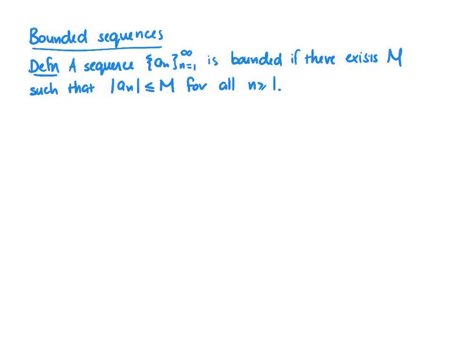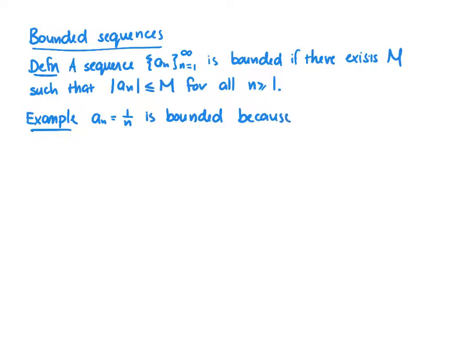Okay, so here's a little example of a bounded sequence. a sub n equals 1 over n is bounded. Why? Let's talk about how we know this.